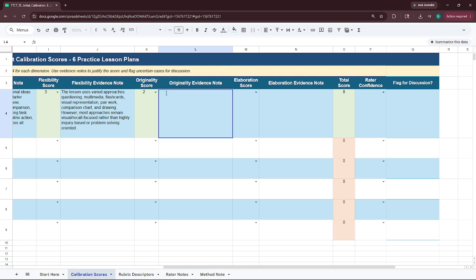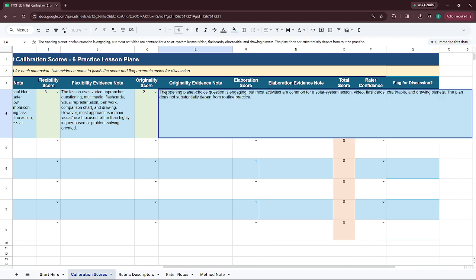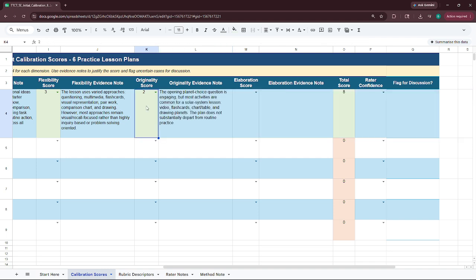So this point is my note. The opening planet choice question is engaging, but most activities are common for solar system lessons, especially using videos, flashcards, charts, and tables. It doesn't mean whenever a teacher is using these, they are not creative.